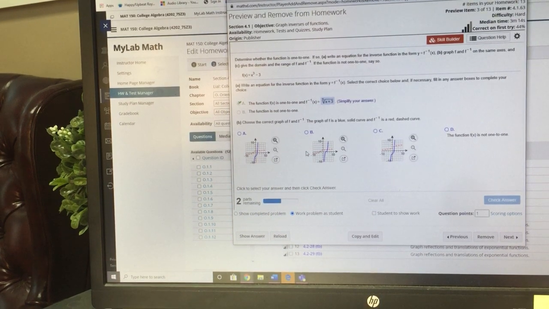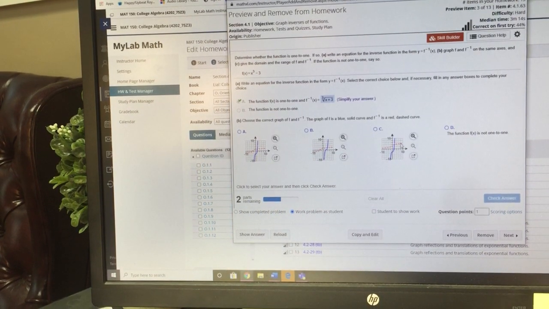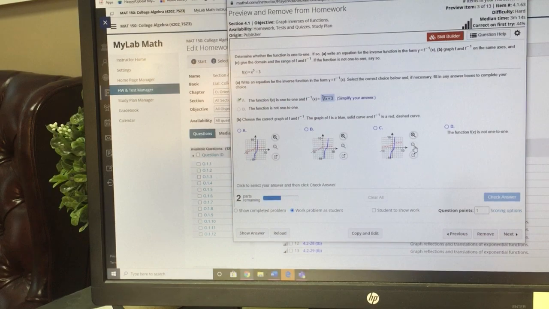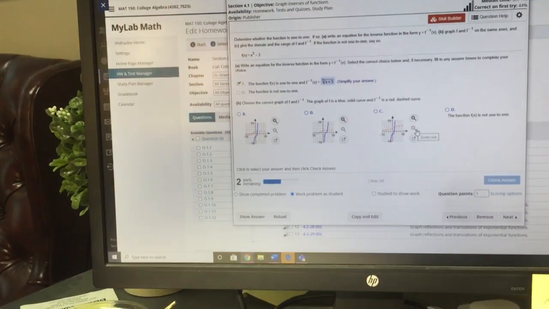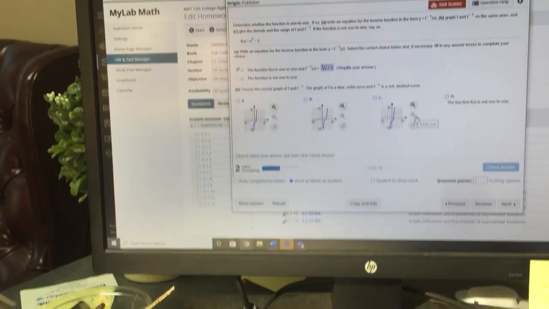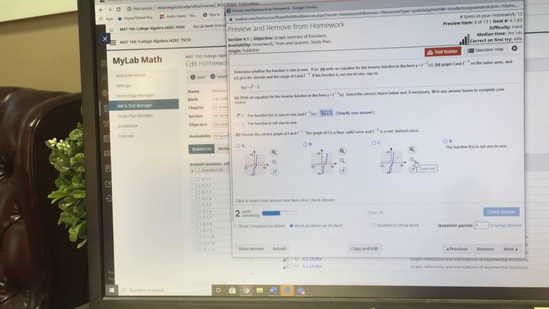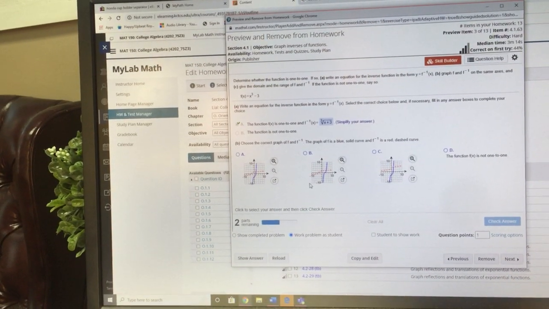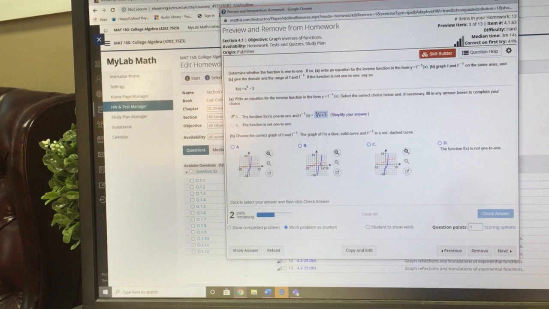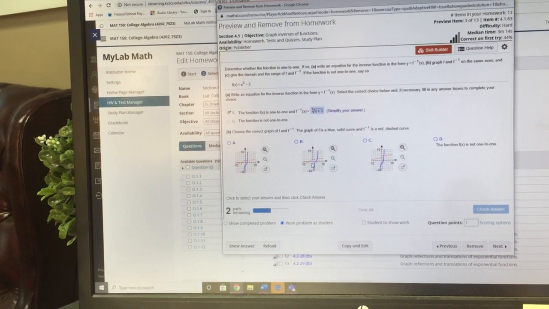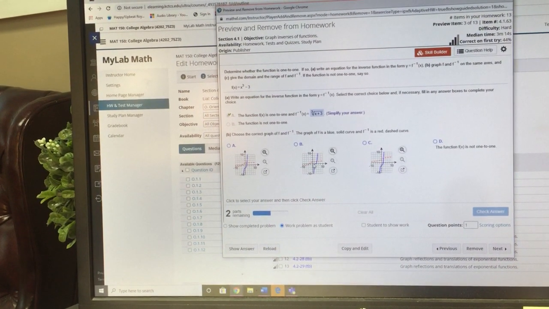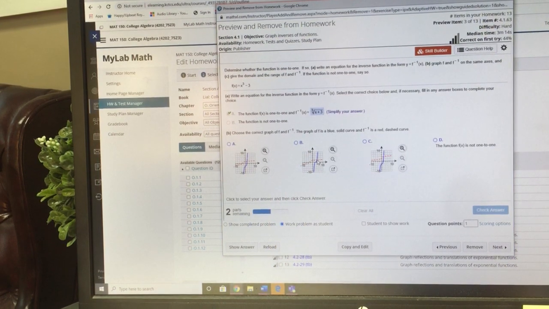Now, here's what I want you to see. I'm just going to do this part right here, and I'm going to quit. Which one of these is the correct graph? You have to look and see. Now this one right here, if I draw that diagonal line I'm talking about, I can see that these two are not going to cross on the diagonal line.